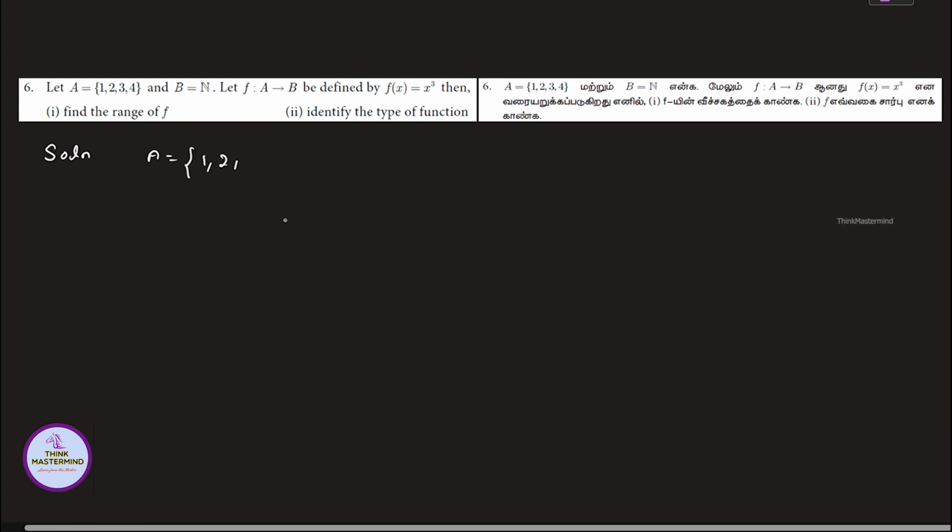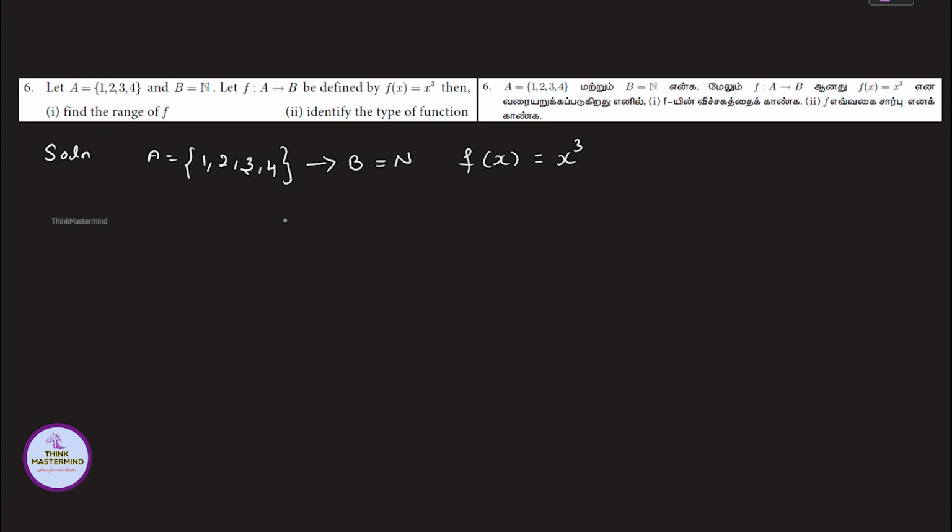Now we are going to see the sixth problem in exercise 1.4. Here f is defined from A to B, where A is equal to 1, 2, 3, 4, a finite set, and B is equal to N, and f of x is defined as x cube.